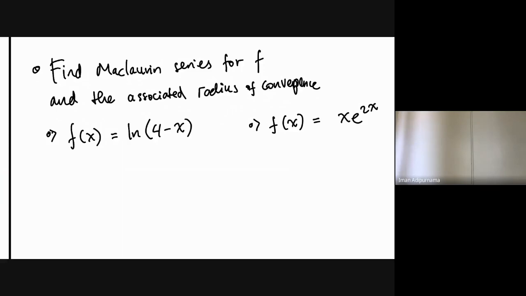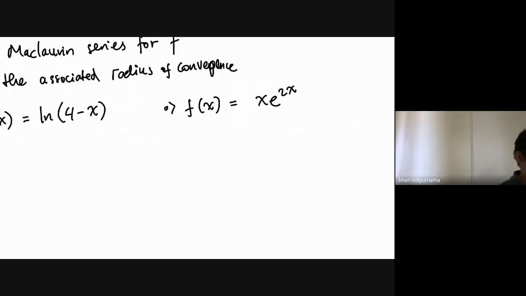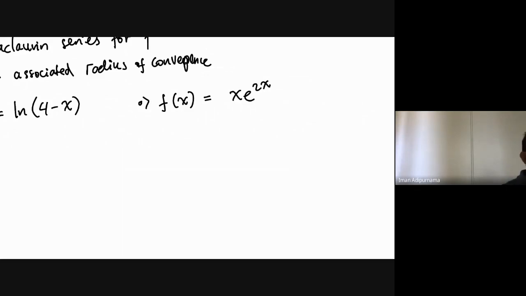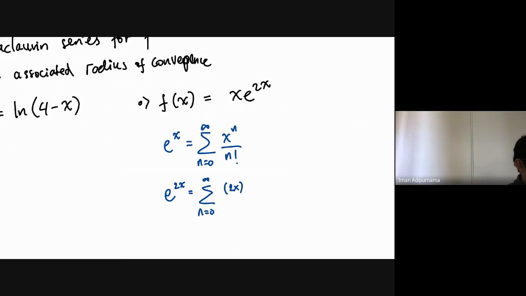Okay. So first, let me try to write down the right part here. Remember that you have e to the x, and you can make this series from e to the x, that is x to the power of n divided by n factorial, right? So when you have e to the 2x, what you can do is replace x with 2x.